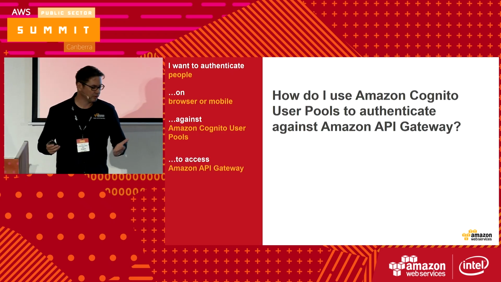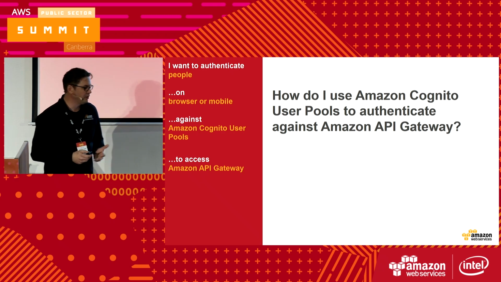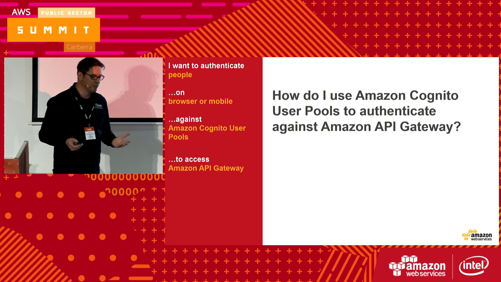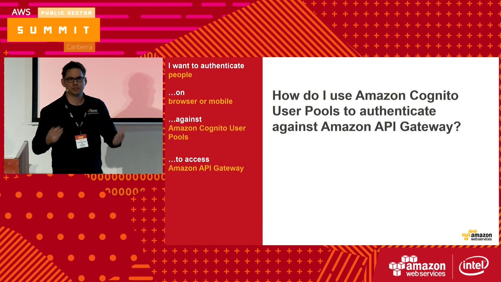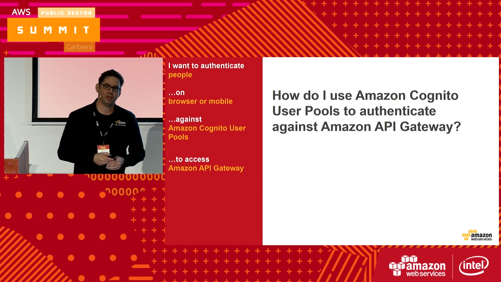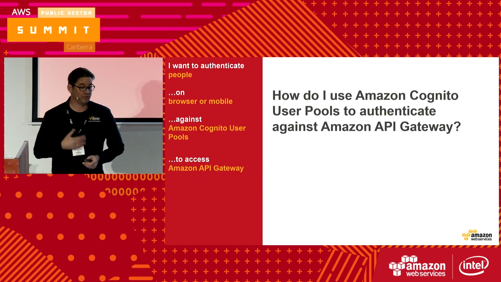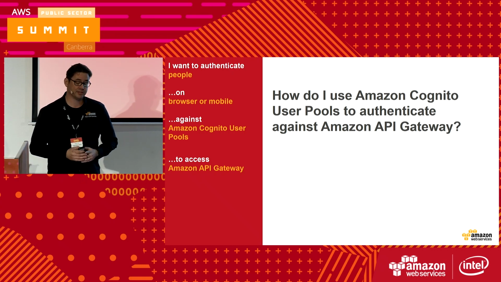So that's great. So we've talked about authenticating people against your browsers or your mobile application. What about if I want to use Cognito user pools and verify my API gateways?